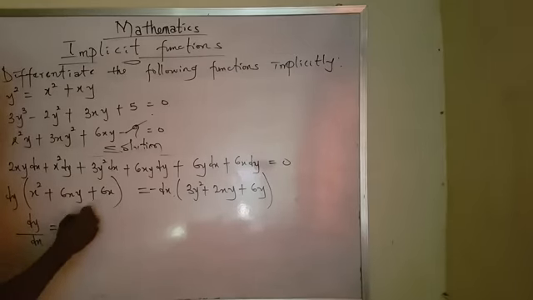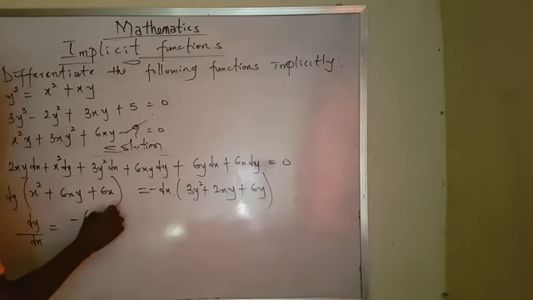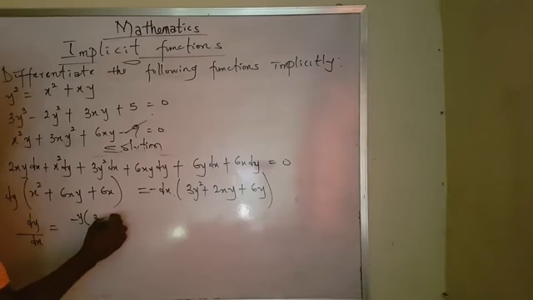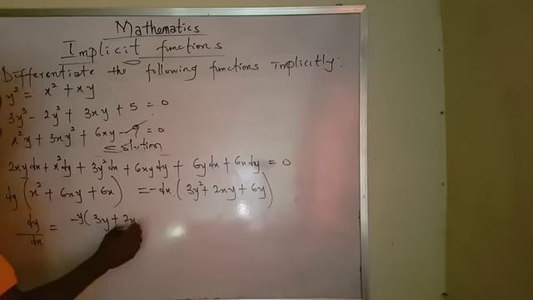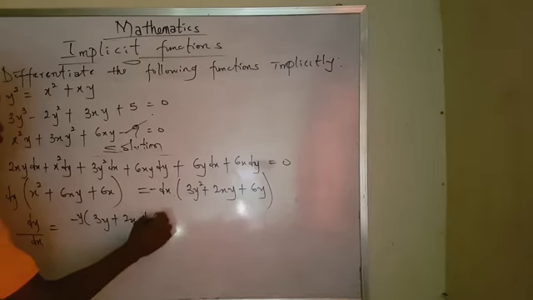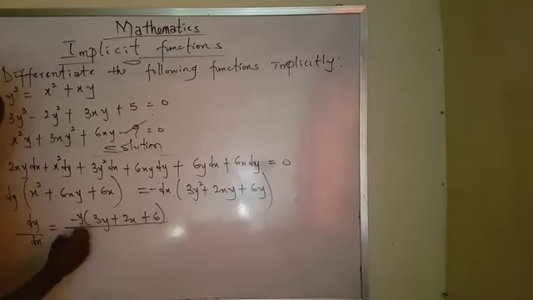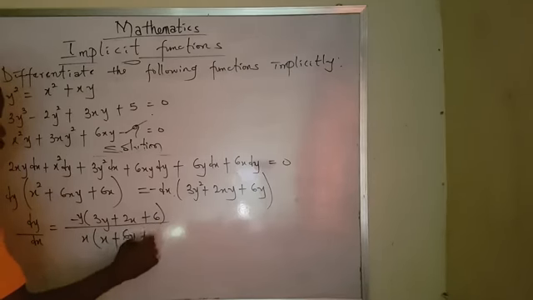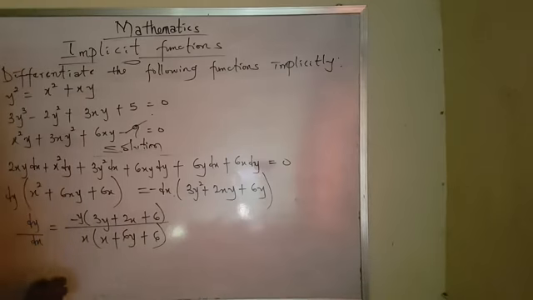You have minus, open bracket, 3y squared, okay, you have minus y, 3y plus 2x plus 6. Everything upon you have x, open bracket, x plus 6y plus 6. So this is what our dy dx will give us.